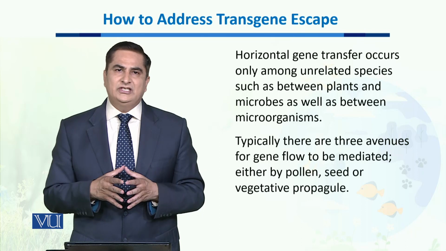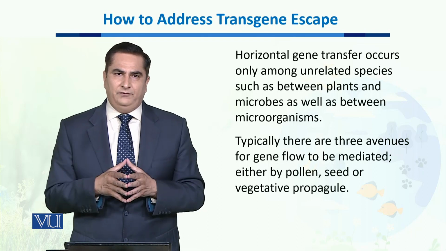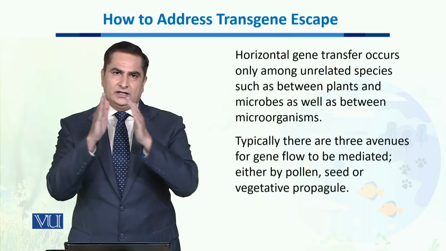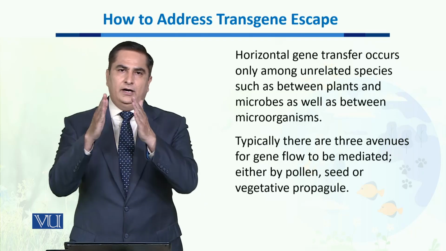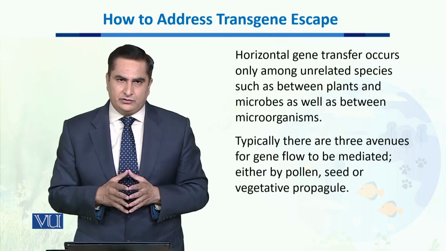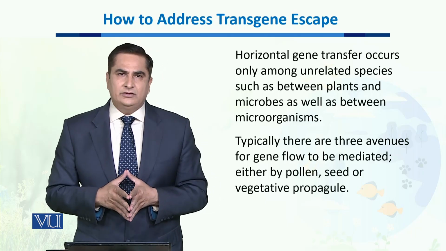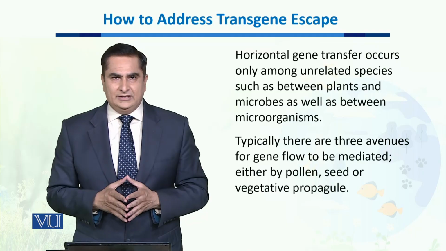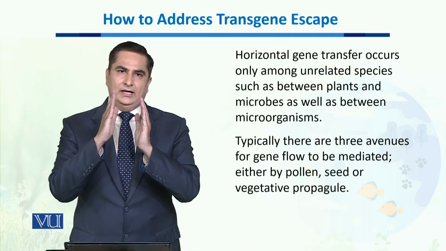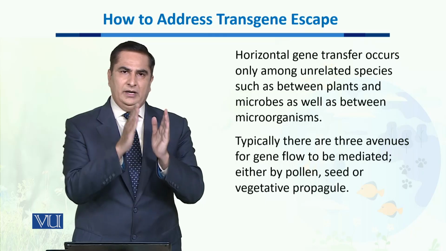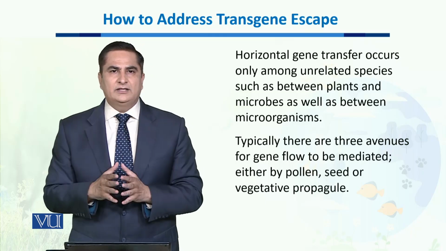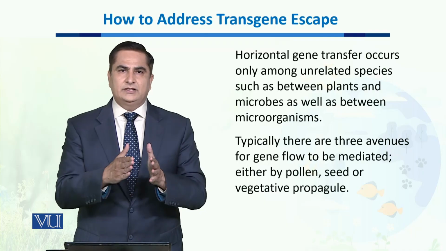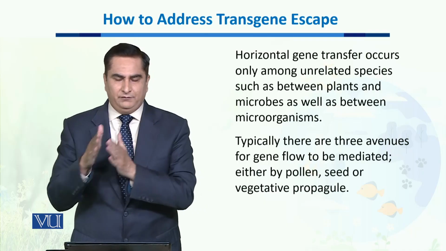Vertical gene transfer, as you are aware, is when a gene is transferred from parents to offspring. Horizontal gene transfer normally occurs between unrelated species. For example, a gene from a microorganism is transferred to a fungal species or a plant species in their root nodules. This is known as horizontal gene flow.